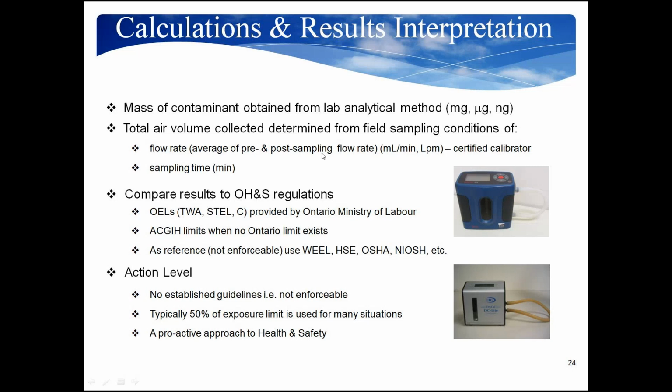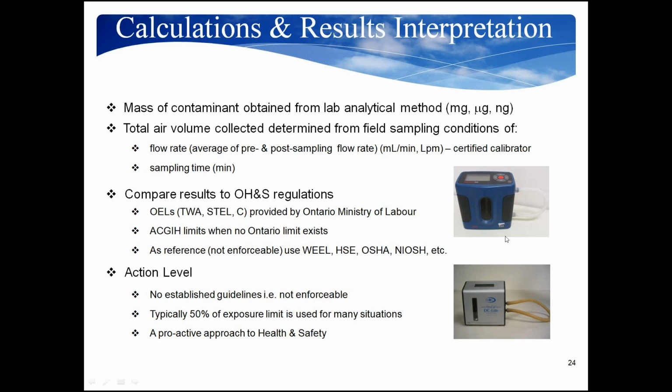So for calculations and results interpretation, we get the mass of the contaminant from the laboratory in milligrams, for example, and we have the total volume of air determined in the field doing pre and post calibration of our pumps using a certified calibrator.